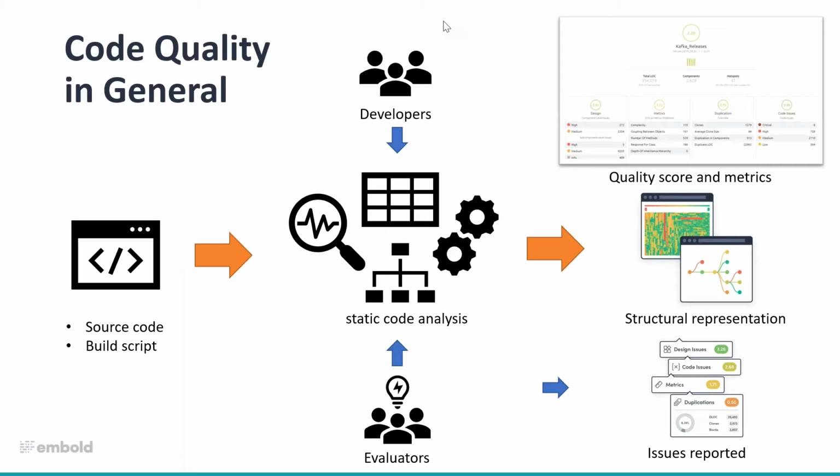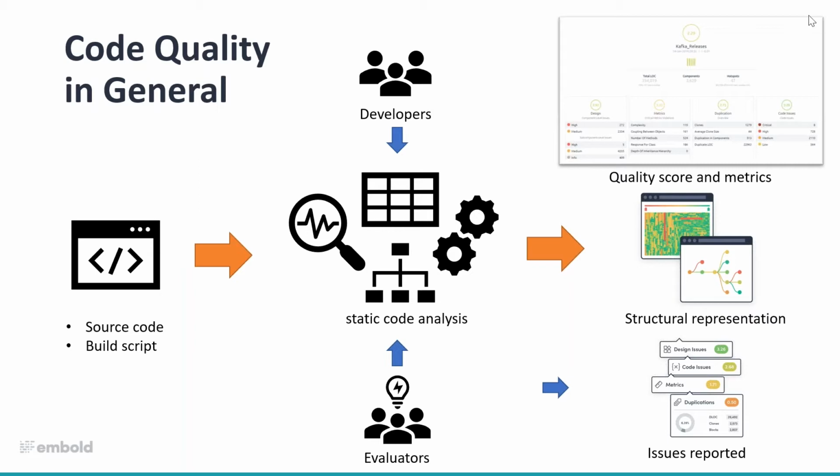We can list all the issues and rank them based on severity or risk, and from there analyze what are the riskiest or most severe smelly classes inside the application. So that's generally how we use static code analysis.